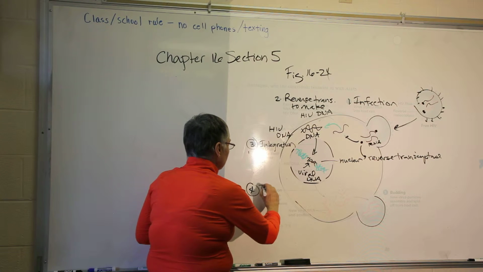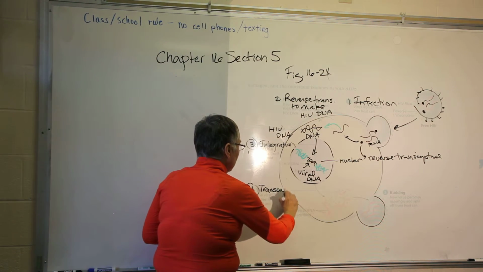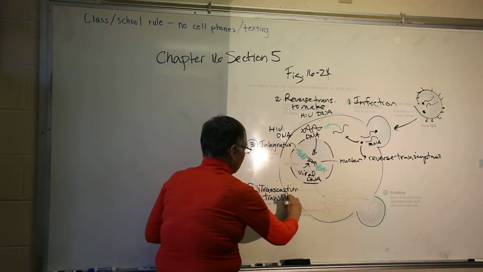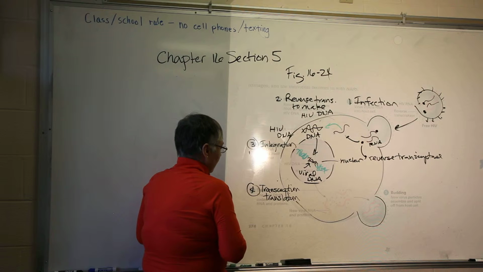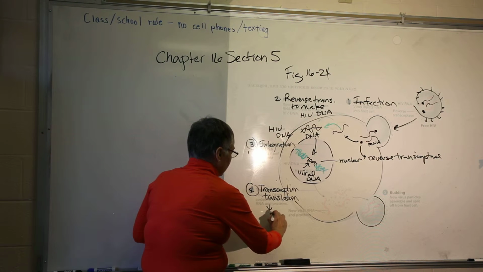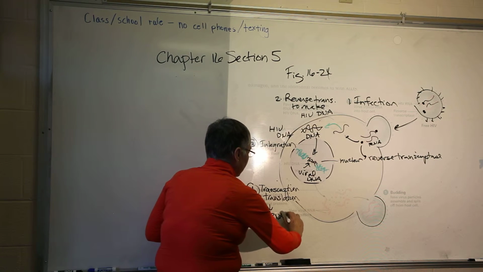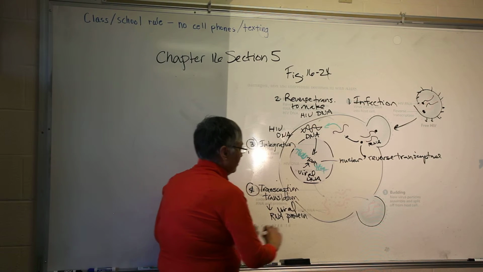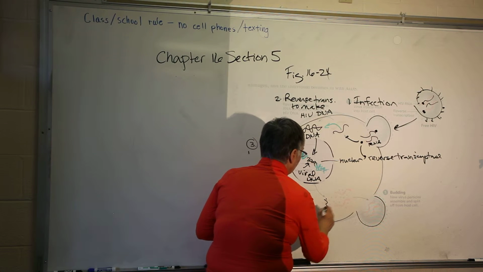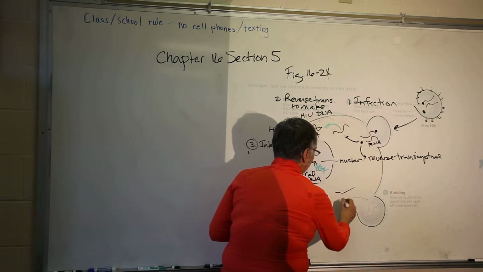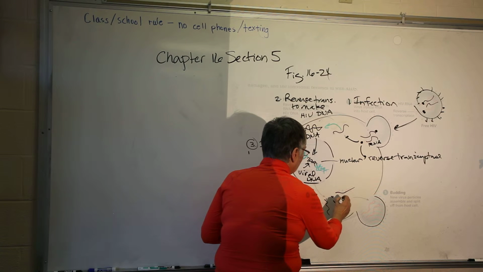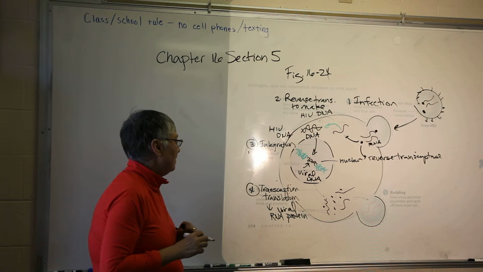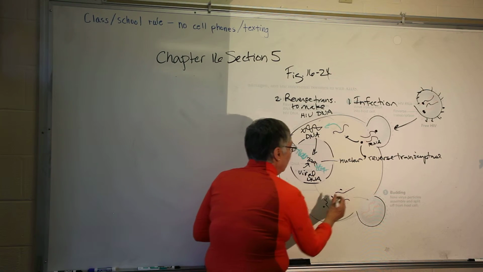So the next step is transcription and translation, so that we end up with RNA and protein of the virus, so viral RNA and protein. So here we've got RNA pieces as well as proteins that are part of the virus.